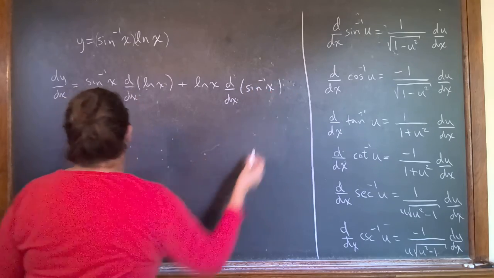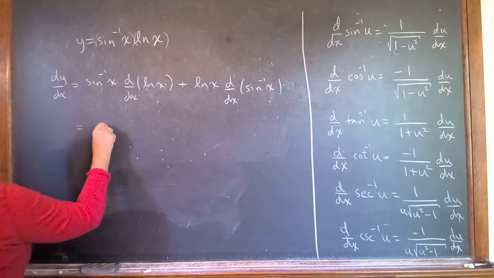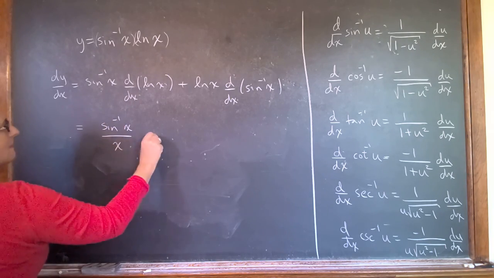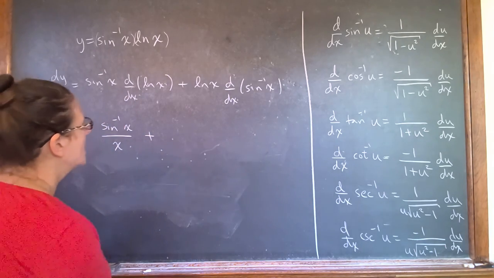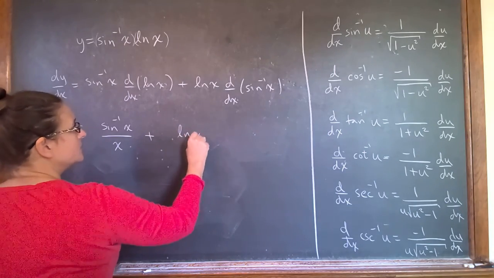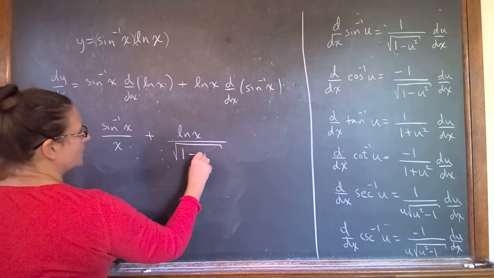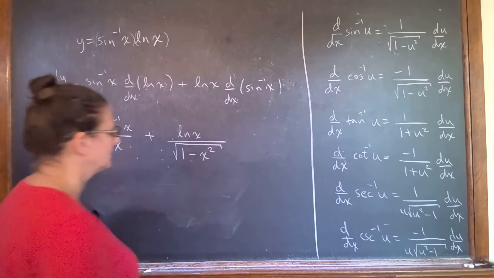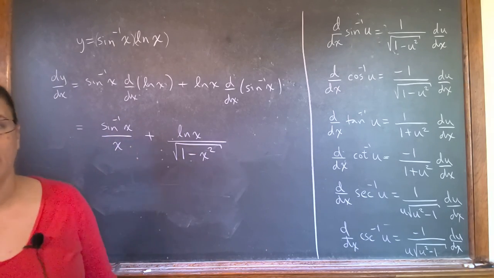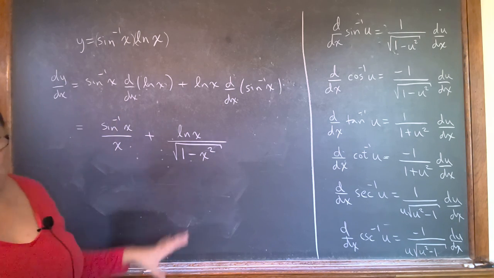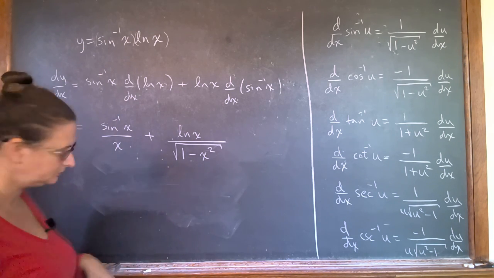So that's not hard, right? So this would be inverse sine of x, the derivative is 1 over x here. And then this one, I've got natural log, and then the derivative of inverse sine is going to be 1 over the square root of 1 minus x squared. So they're not all terrible, right? It's just important to kind of recognize what you have to do.